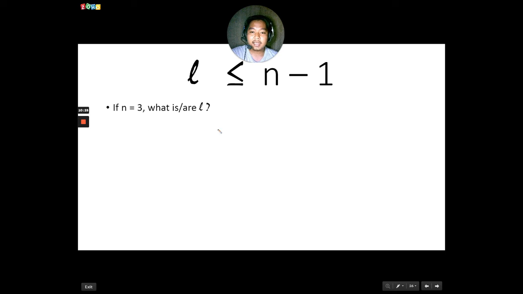What if n is 3? That would be 3 minus 1. Di ko na ikakopya yung equation sa taas para mas mabilis. L is less than or equal to 2. Hopefully you can follow. And then the possible values of L are 0, 1, and 2. Very good. Hopefully you're getting it.